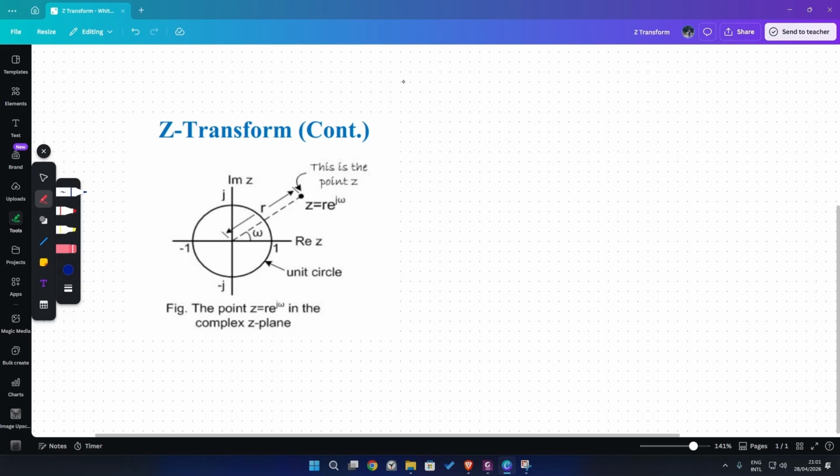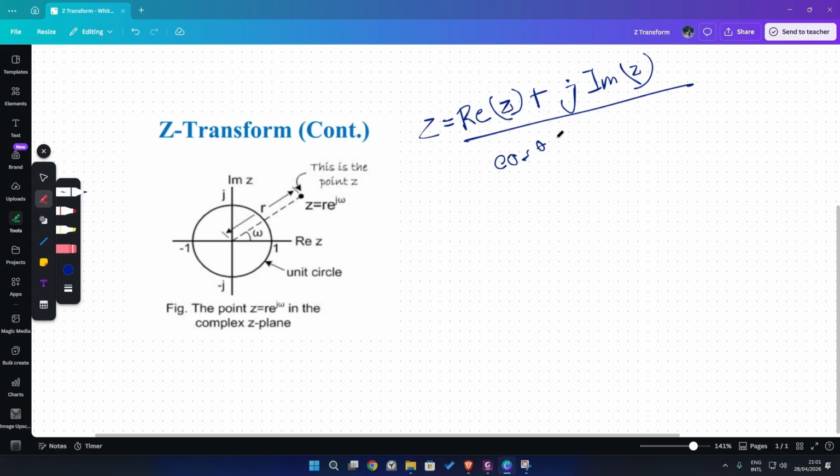So here we already know z is a complex variable. So z can be represented as the real part of z plus j times the imaginary part of z. So we know the term cos theta plus j sin theta. In trigonometry, we have used this term a lot. So this can be shortened to r e^(j theta).